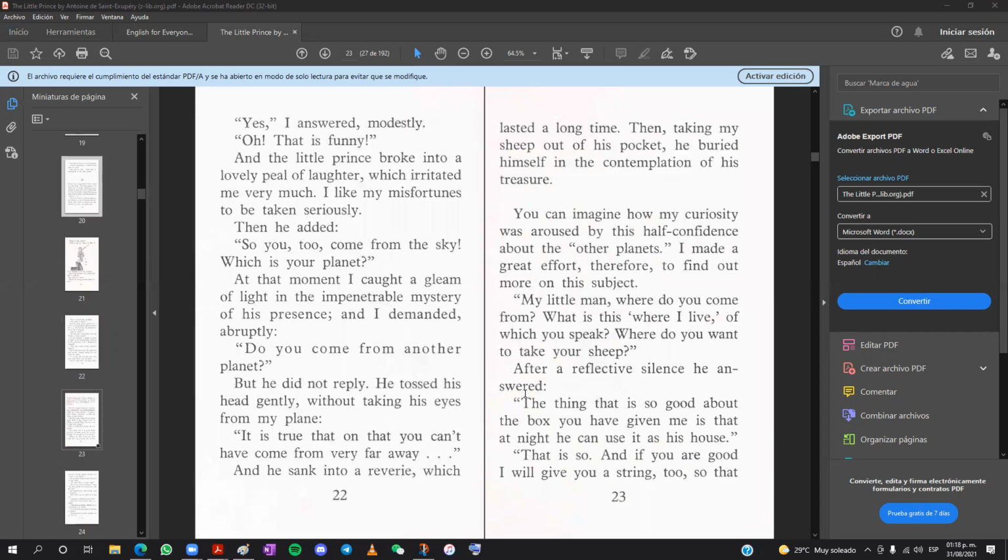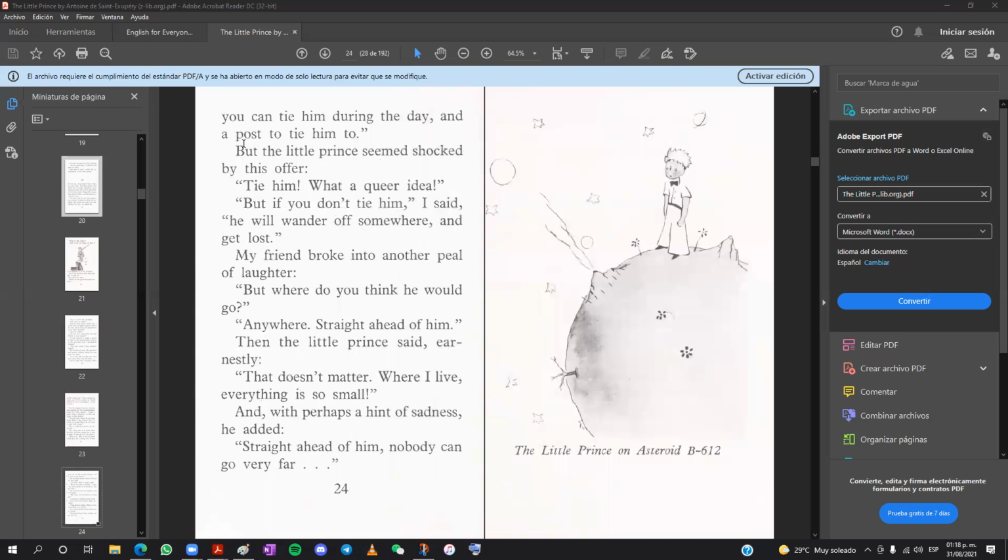Entonces, after a reflective silence, he answered, the thing that is so good about the box you have given me is that at night he can use it as his house. That is so. And if you are good, I will give you a string too, so that you can tie him during the day and a post to tie him to.